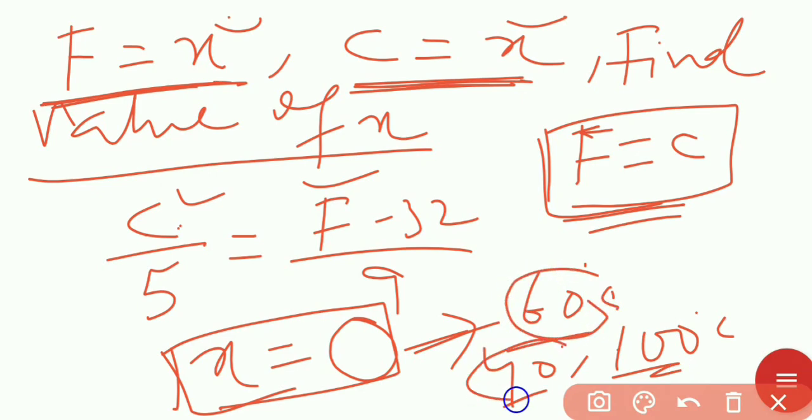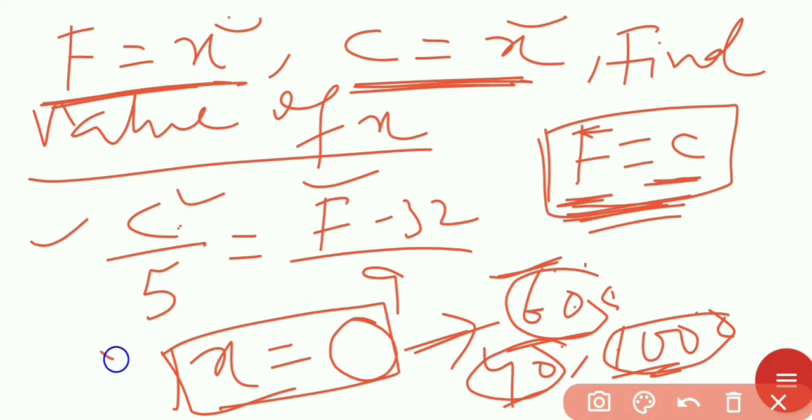So for example, if the value of X is 60, at that value the Fahrenheit and centigrade are equal. Okay, now just write in a comment what is the value of X. Just calculate it and give me the answer.